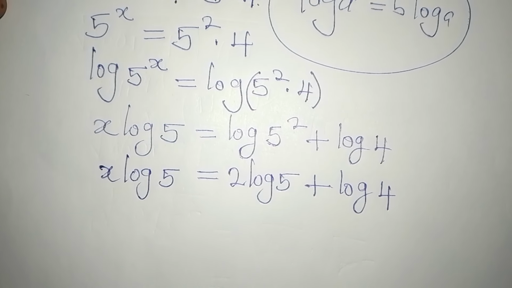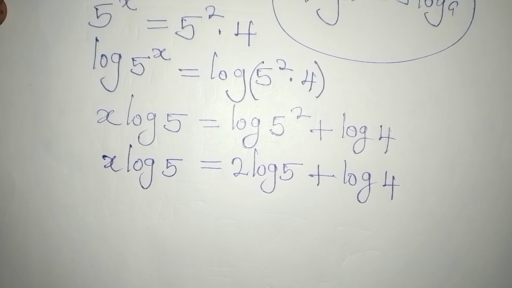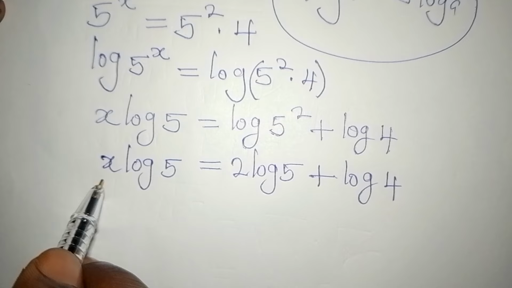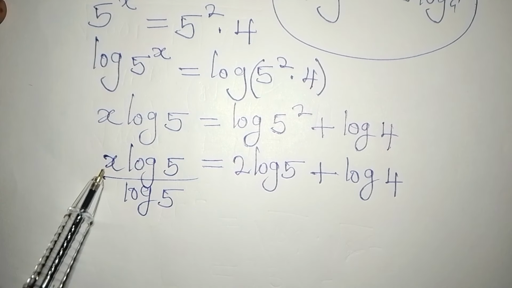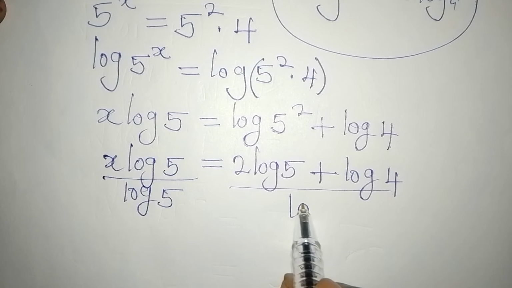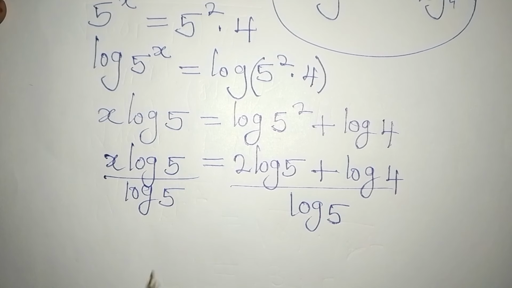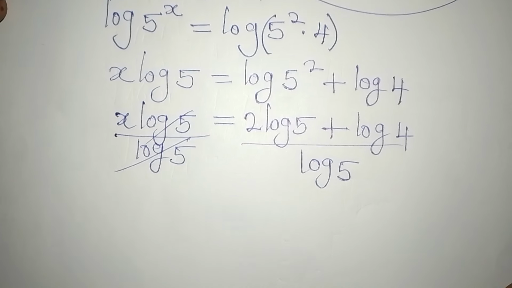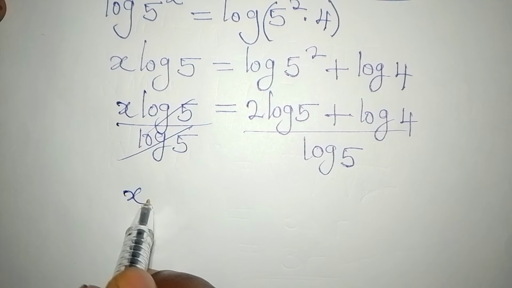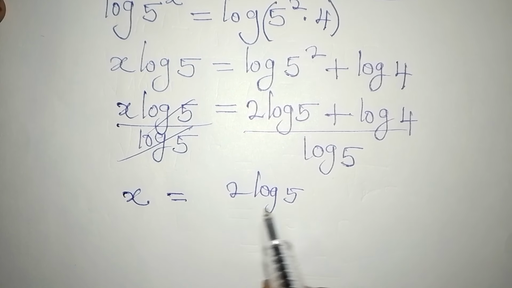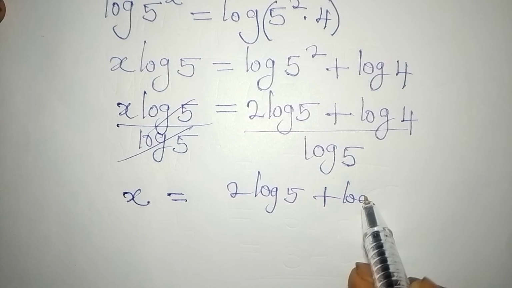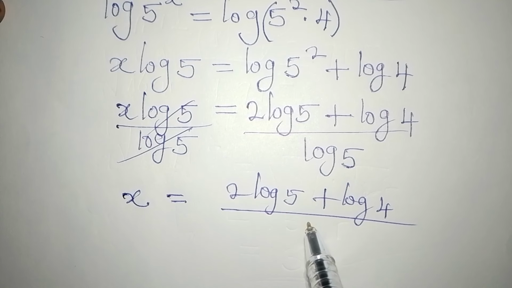So the next step will be for us to divide both sides by log 5. And we are doing that so that x will be alone. So divide this by log 5. This is going to take this out, so that our x becomes 2 log 5 plus log 4 over log 5.